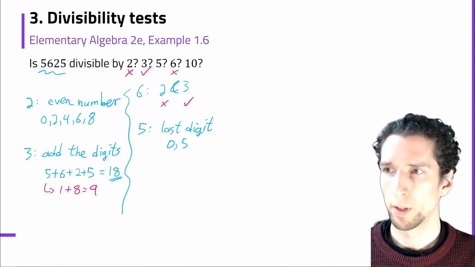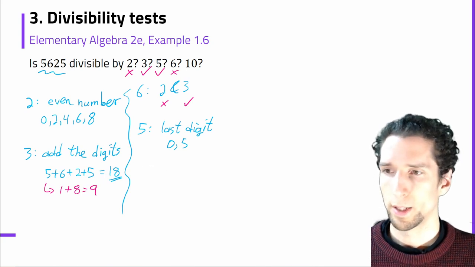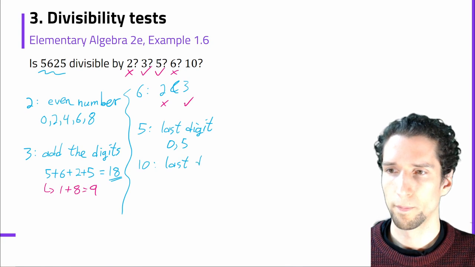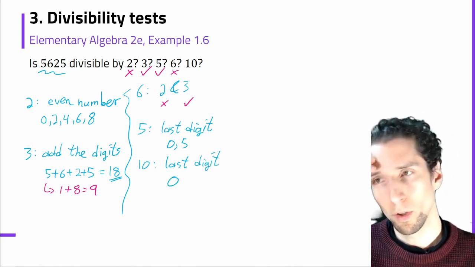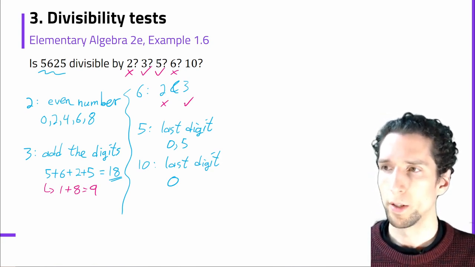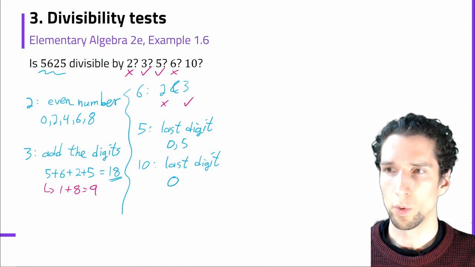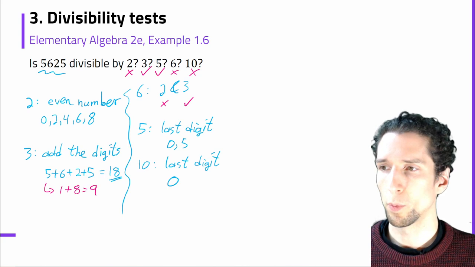This one, the last digit is a 5, so yes, obviously. And the last one, 10, same idea, just the last digit. Only one possibility here: the last digit needs to be 0, and if it is, then of course we can divide by 10. In this case, it's not, so it's not divisible by 10. 5 and 10 are a group.